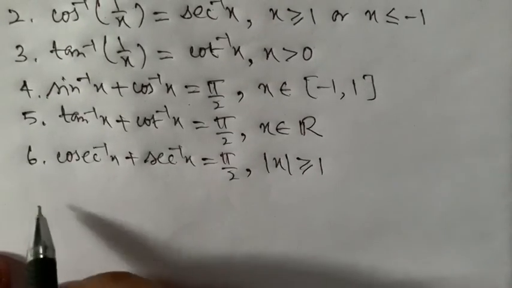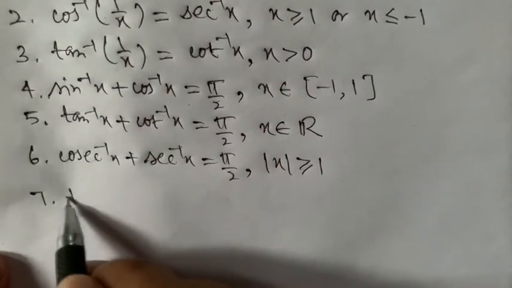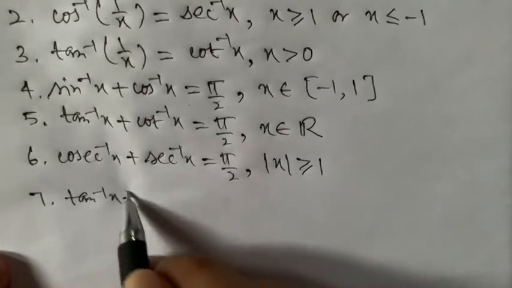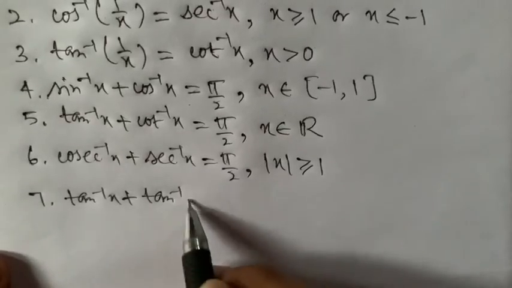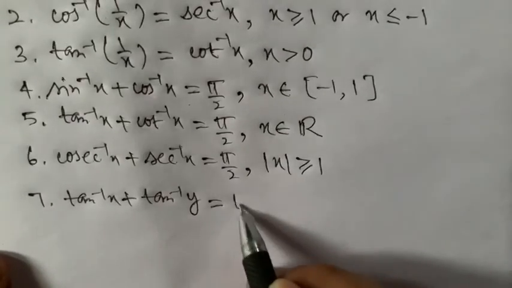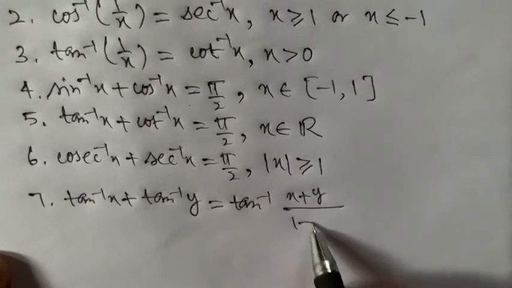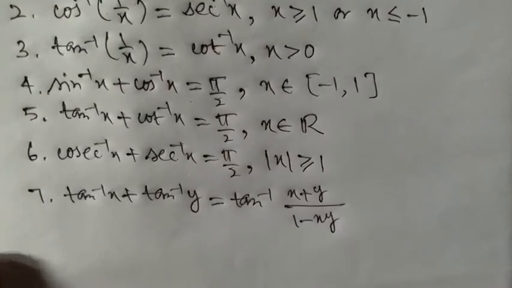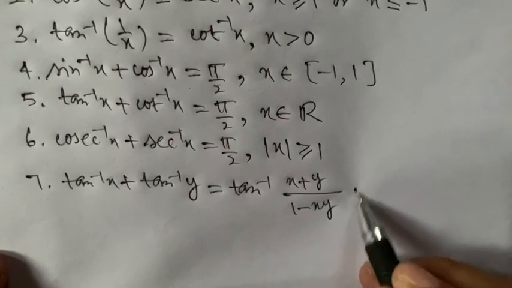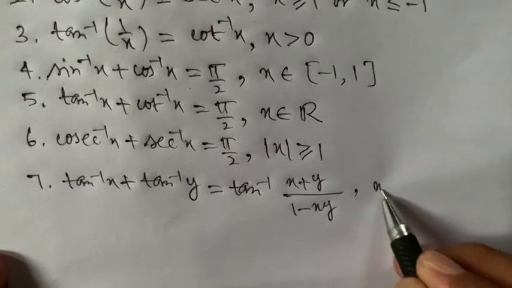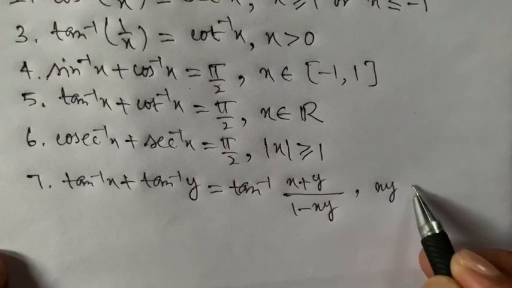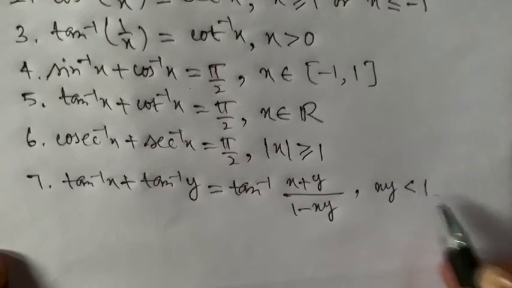Now we have a very important property, that is tan inverse of x plus tan inverse of y is equal to tan inverse of x plus y upon 1 minus xy. And here we have one important constraint, that xy should be less than 1.